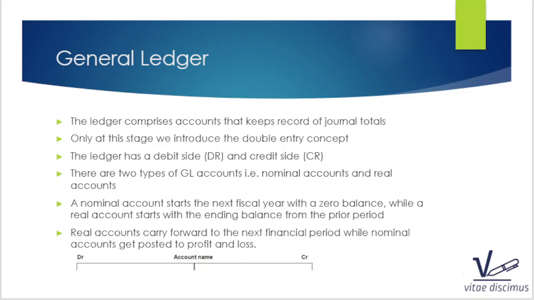Nominal accounts start each new fiscal year or financial year with a zero balance, while a real account starts with the ending balance from the prior period. So real accounts carry forward to the next financial year, while nominal accounts get posted to profit and loss.